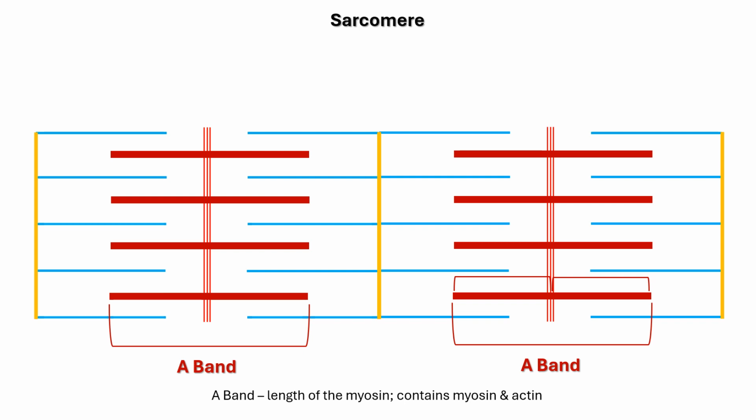We could do that, but as long as we understand that it is looking at the myosin, whether we're doing two halves of the myosin from the end of the myosin to the M line, and then the same thing on the other side, or whether we're looking at it from the tip of the myosin to the left to the tip of the myosin to the right, the A band is covering the length of the myosin. And if we look at what's being bounded by that, we can see certainly the myosin's in there, but we've also got the tip end of the actin.